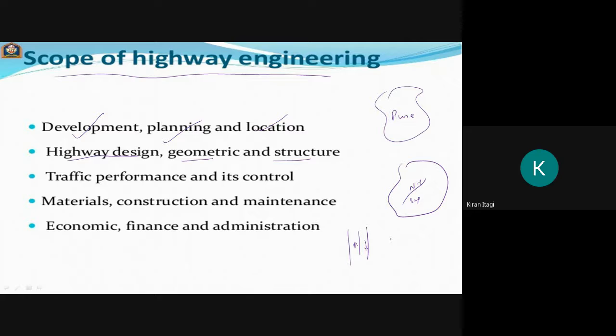With development, it has become four-lane roads or three-lane roads. Sorry, one-way, three-lane roads. Traffic performance and its control, materials, construction, maintenance, economics, finance, and administration all come under the scope of highway engineering.